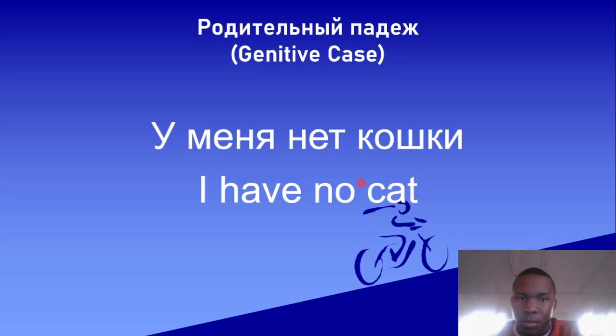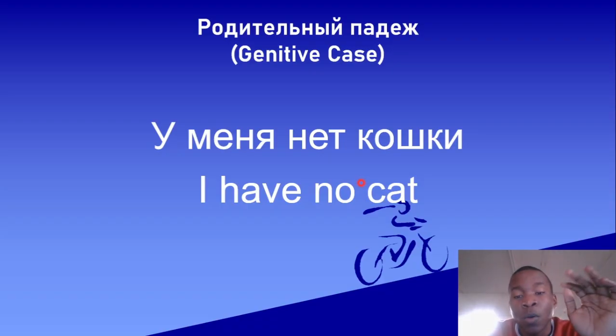First of all, Roditelni Padezh, that is your genitive case, right? Your first sign that you will see is that koshka is written differently. It is written koshki, so that should be your first sign that it is not nominative case.